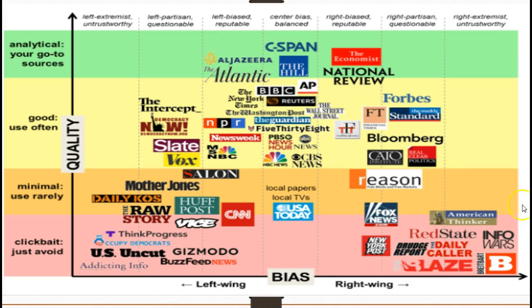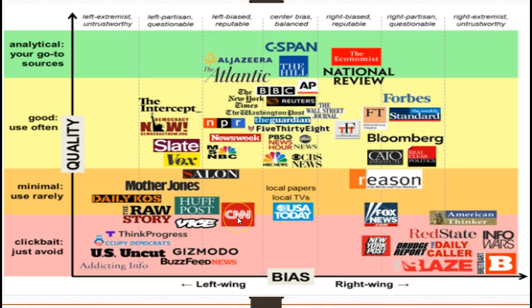So I mentioned that I am a New York Times reader, but I have to know that the New York Times in its reporting leans to the left a little more, for example, than the Wall Street Journal, which leans a little bit more to the right. So I read the Wall Street Journal, I also read the New York Times.